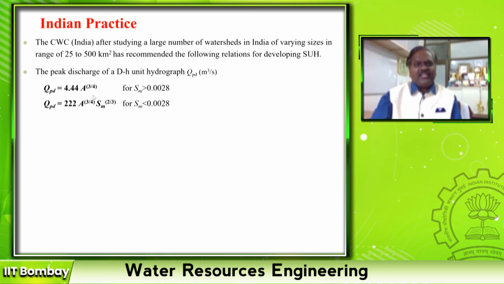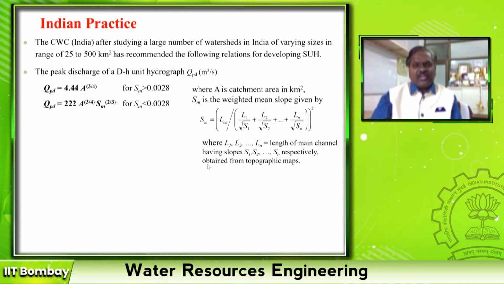When slope is larger, this is the relationship. When slope is flatter, 222 A to the power of 3 by 4 into S to the power of 2 by 3. This is for peak discharge, and sometimes the weighted mean slope can also be found when you have large variation in the slopes.